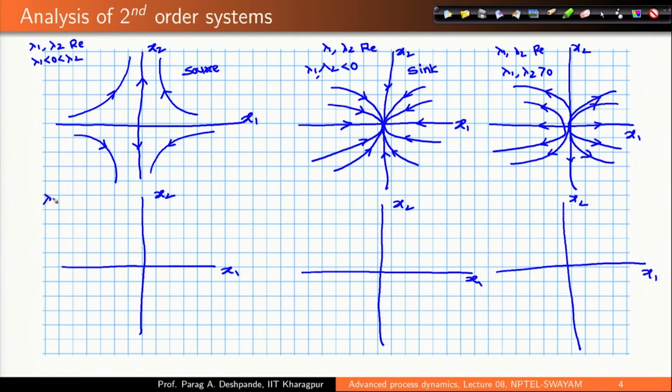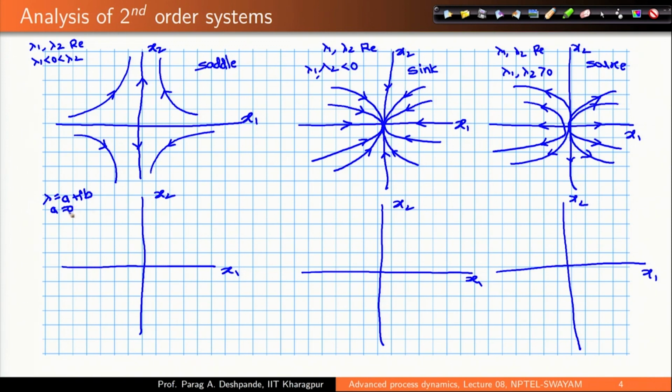Now, lambda is given as a plus i b, where a is 0. Okay. So, one correction: this is not a source, this is a saddle one, please note this, and this is a source solution.